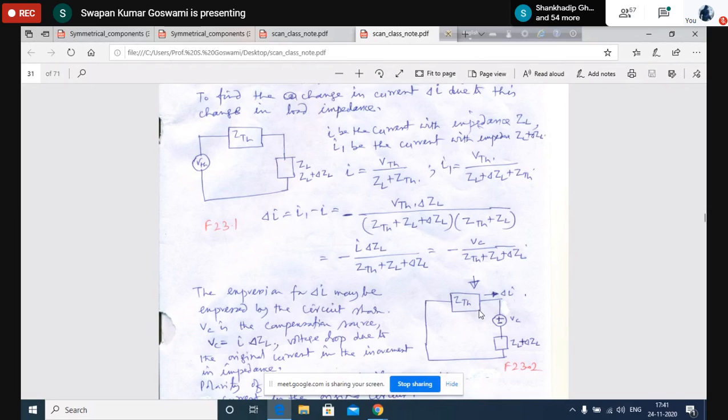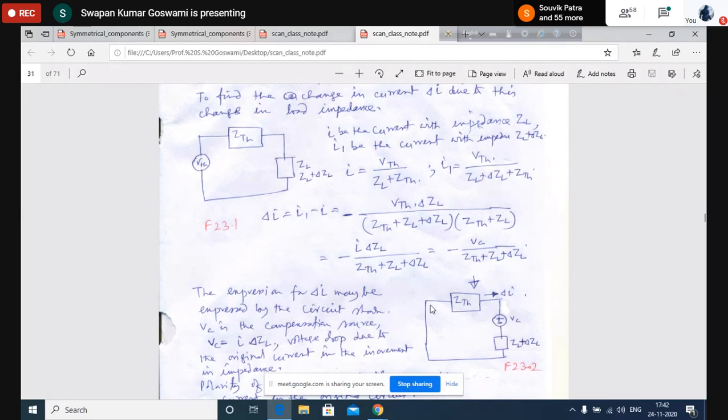That means if you have an elaborate circuit shown here, that circuit will remain intact and that will represent the Thevenin impedance. So by using this theorem, we can find out the change in branch current due to the change in branch impedance using a shortcut technique.